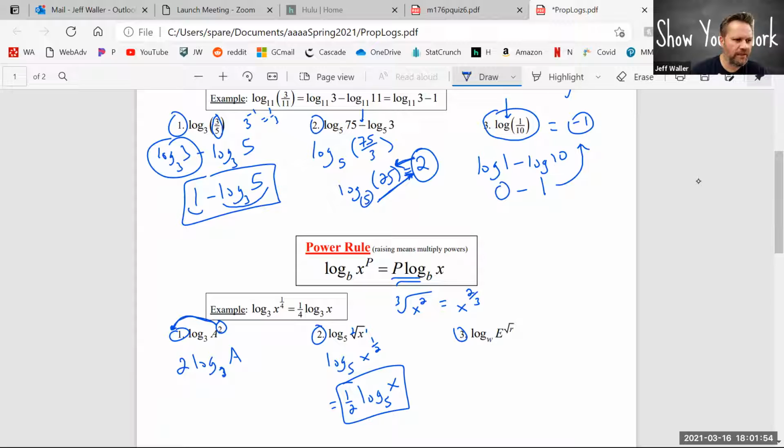You have to notice what level everything is on. Do you see how 3 and 2 are different? What's inside the logarithm and what is that being raised to? What's inside the logarithm?